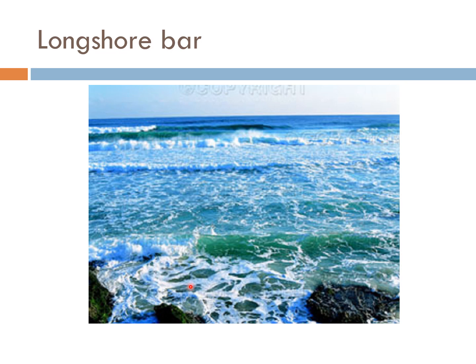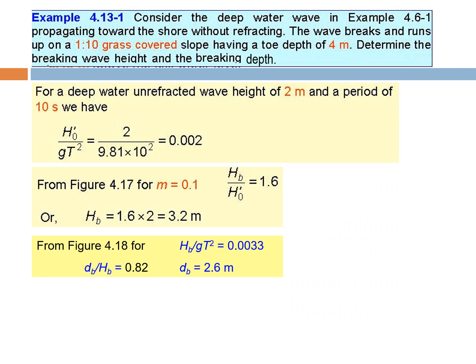It's very likely that the water will go deeper here, then become slightly shallower right there, but it will become deeper further away from that point. Now let's try to look at this example and solve for the breaker height and the breaker depth. Follow the steps that were just explained.